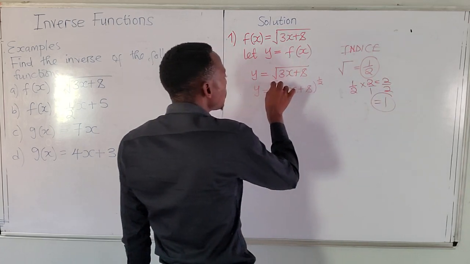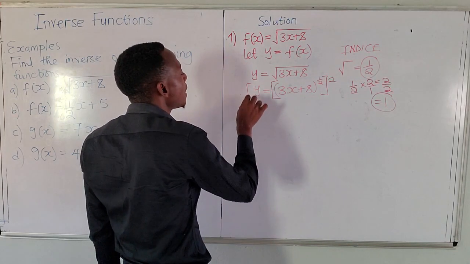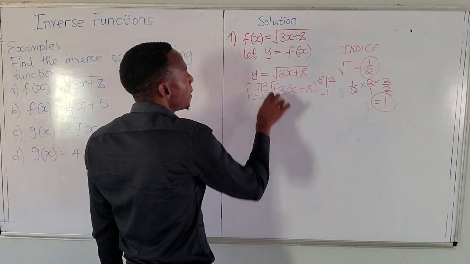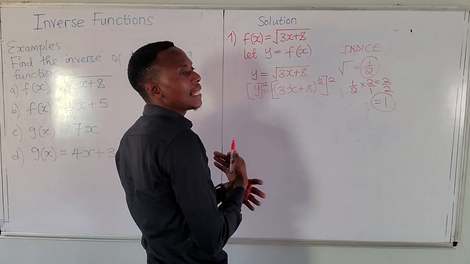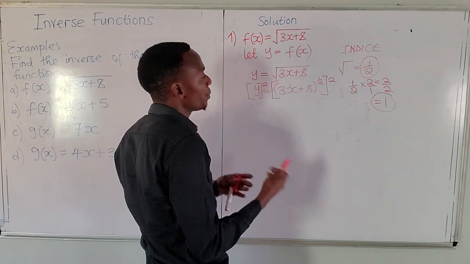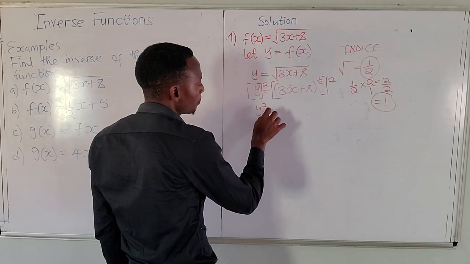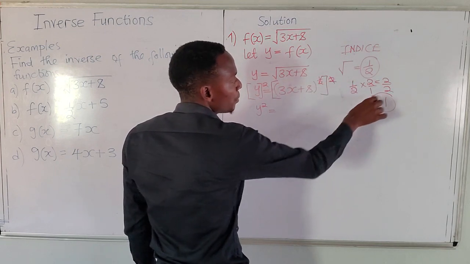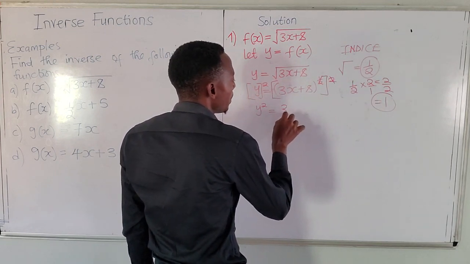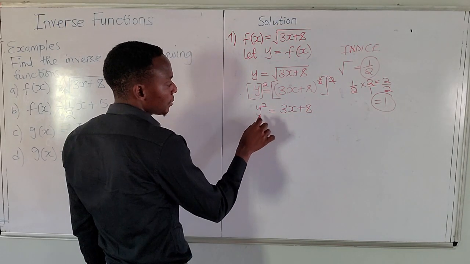So in this case, we are going to introduce a square on both sides, or we are going to square both sides. Remember, that's why we say we don't cancel, but we multiply and then it gives us 1, because the power 1 we don't usually write it. So this becomes y squared is equal to this, and these multiply because they give 1. So we remain with 3x plus 8.